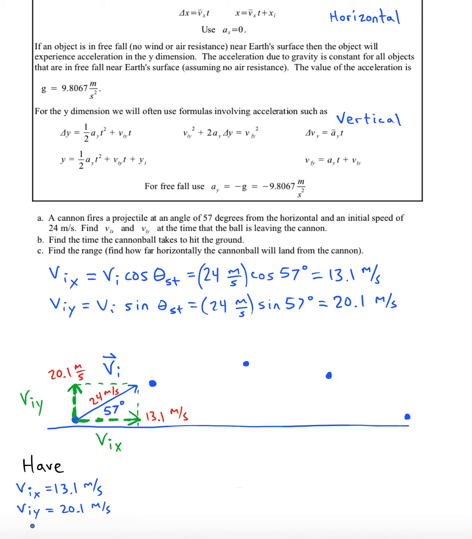Whenever that's the case, we know that the acceleration in free fall is going to be 9.8 meters per second squared in the negative j direction. So we have that as well.